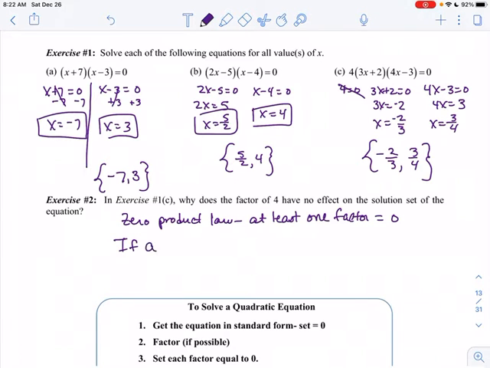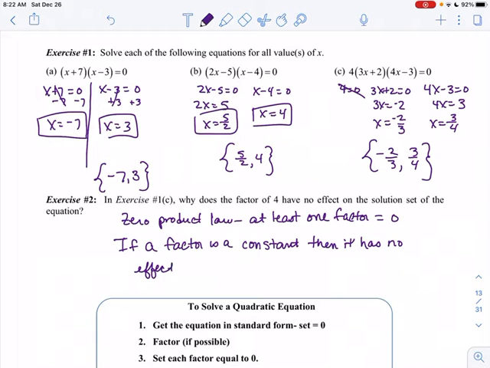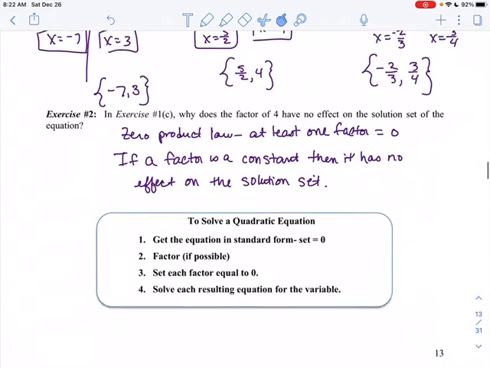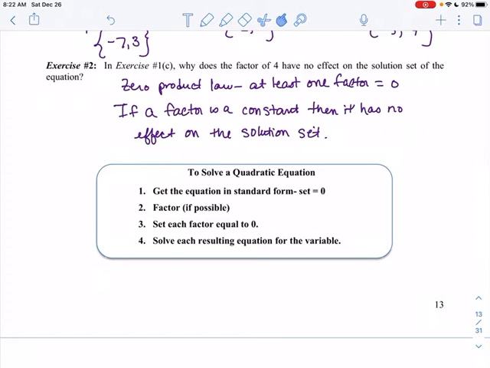So if a factor is a constant, then it has no effect on the solution set. Not all the factors have to equal 0, just one of them does.